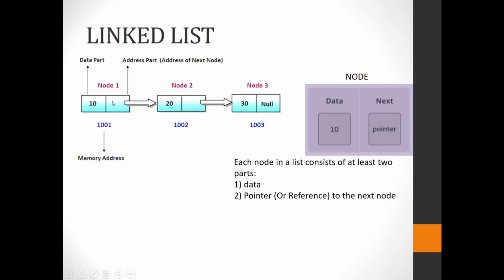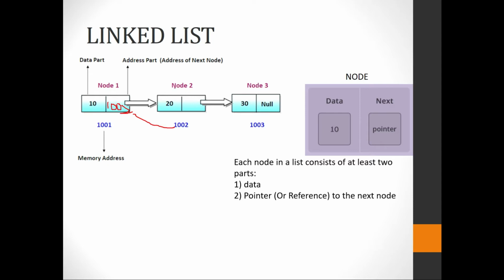This pointer is pointing to the address of another node. So what does it have? Yes, it is going to have the address 1002. Now, this holds the address as 1002, which means this points to this particular node's address.